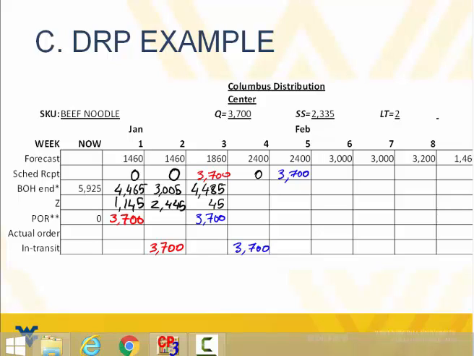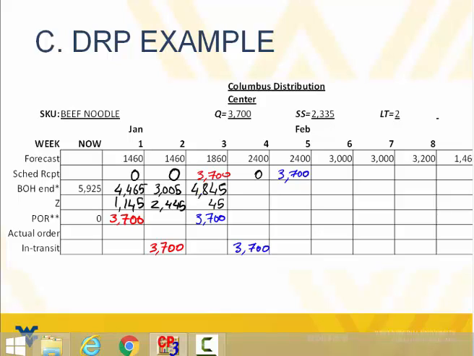Sorry, this calculation was wrong here. This should be 4,845. Because you have 3,005 plus 3,700, so that's 6,705 minus 1,860, so we get 4,845.